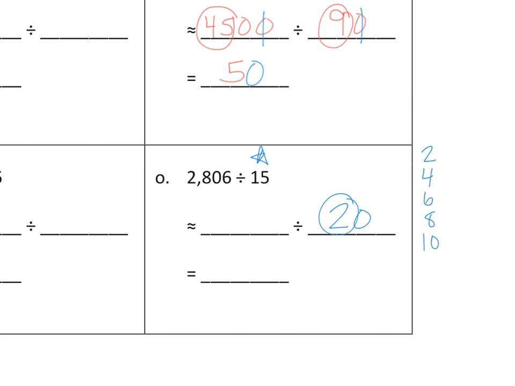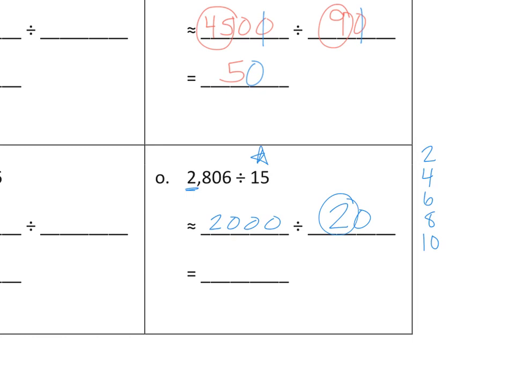And let's stop there because since this is 2, we're going to use the multiples of 2 to be close to 2,000. Now, you're going to say, well, that's a big jump down to... you know what?